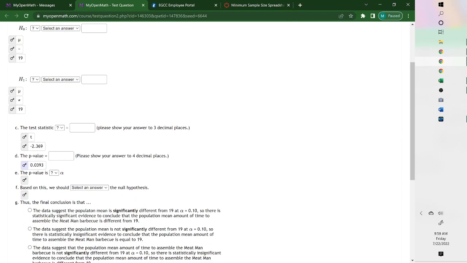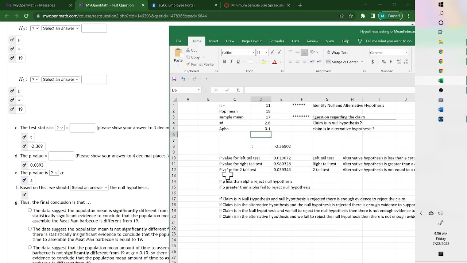Okay, so our test statistic right here, our p-value, it's this one on the bottom because it was two-tailed, not equal to. Now, if the p-value is less than alpha, you reject.